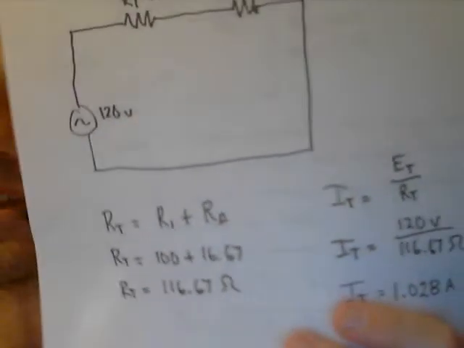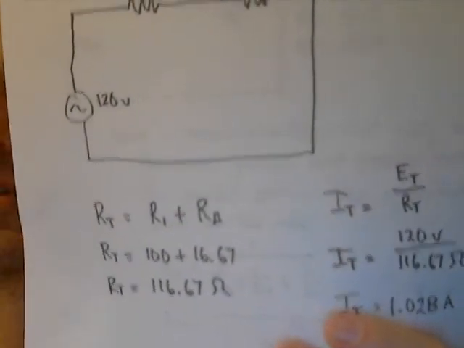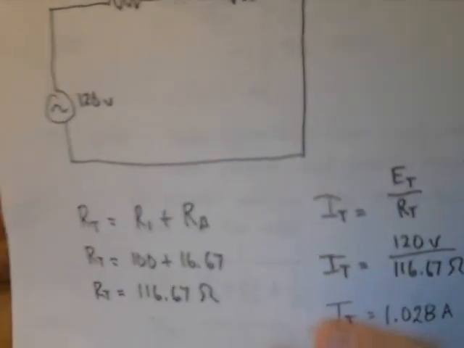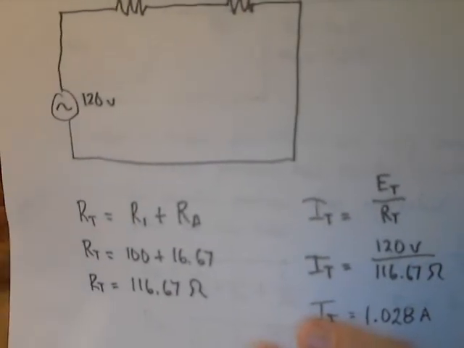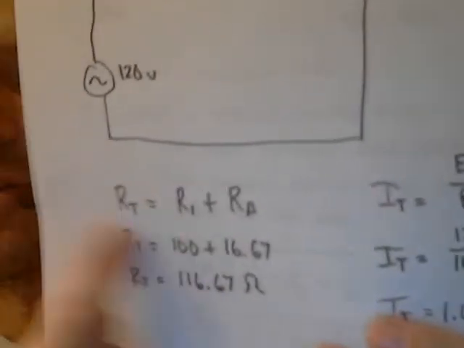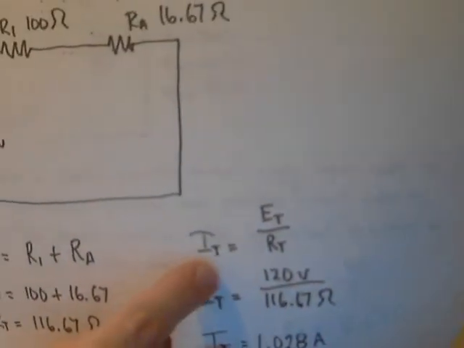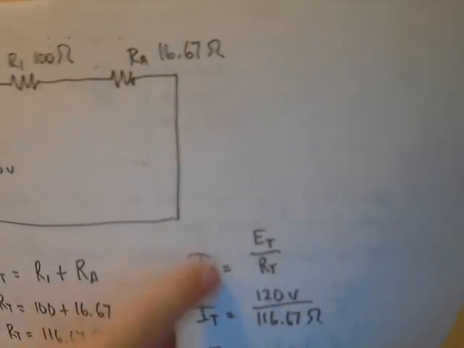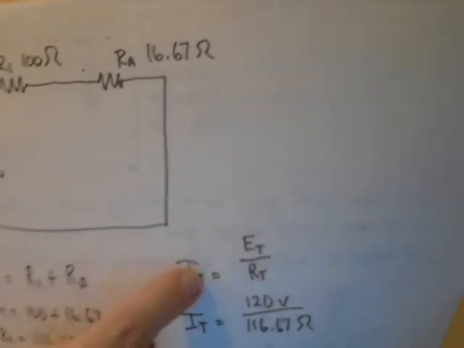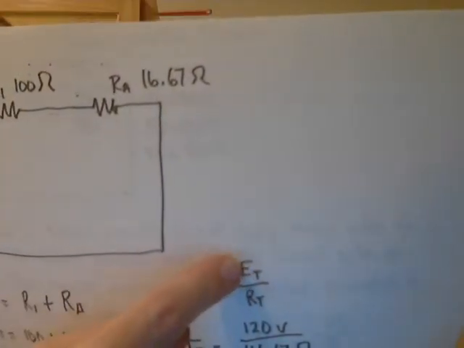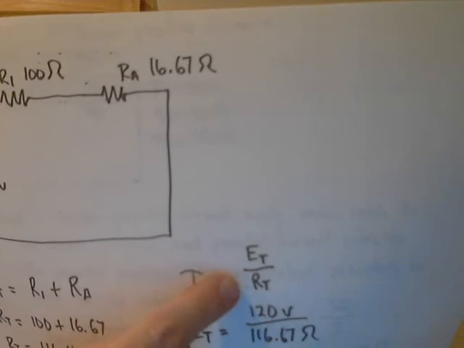I now have everything that I need to solve for the total current that flows through the circuit, and I can find that out by just using Ohm's law. And here I have Ohm's law, the formula listed for you. It's going to be IT measured in amps. We're trying to find the total current, measured in amps, which would equal the total voltage divided by the total resistance.